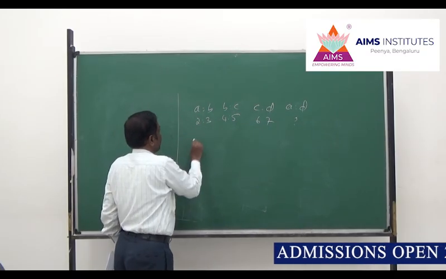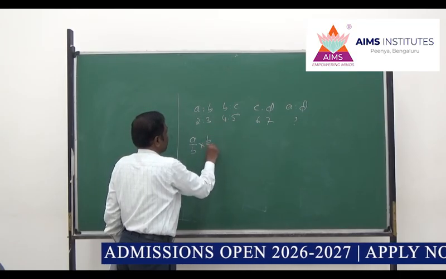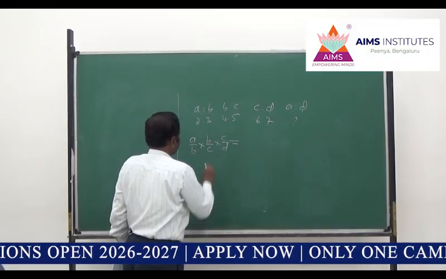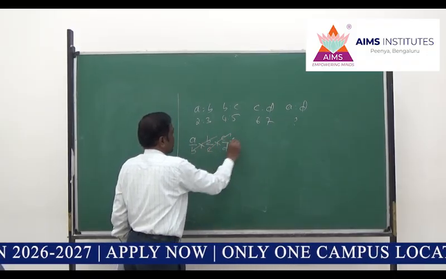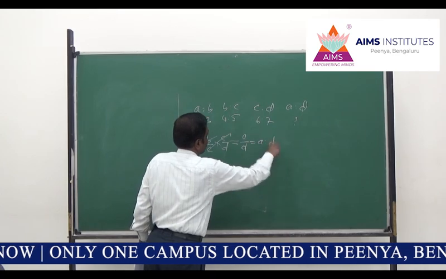A is to B can be written as A by B, B is to C as B by C, and C is to D as C by D. So this gets cancelled, this gets cancelled, and we will have A by D. It means you will get A is to D.